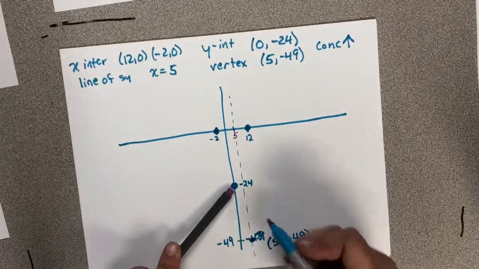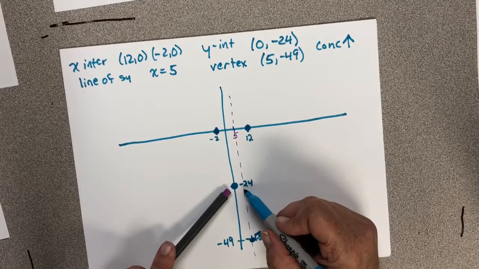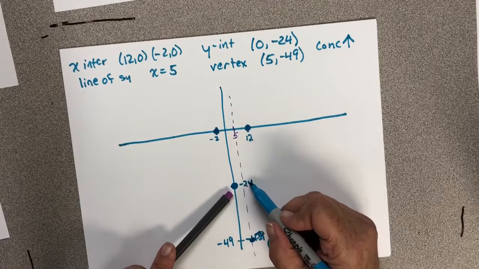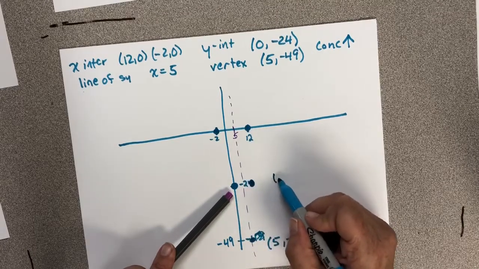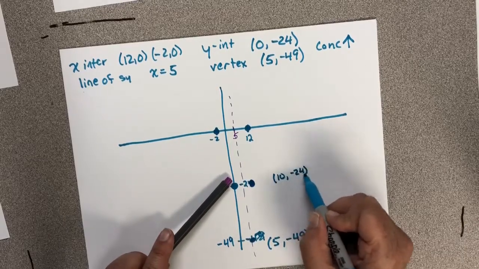And can we reflect the y-intercept? Negative 24 is 5 units from the line of symmetry, this y-intercept. So that means there'll be another point right here at 10, comma, negative 24.